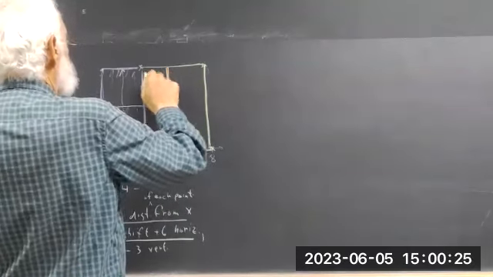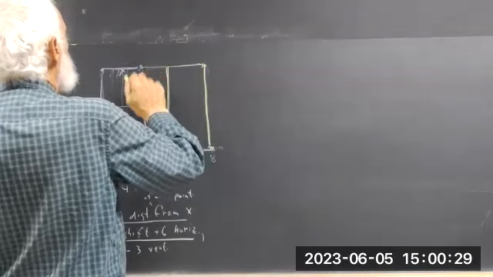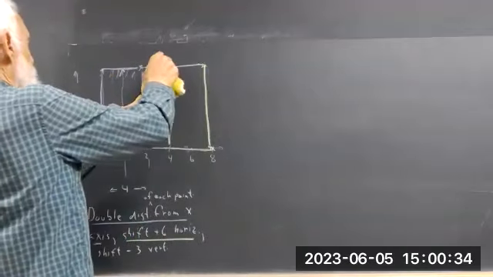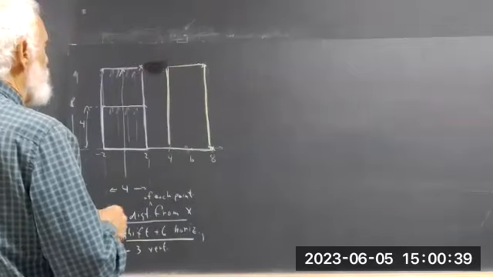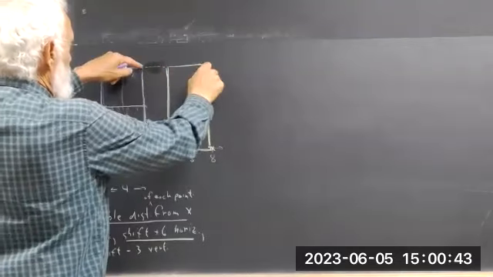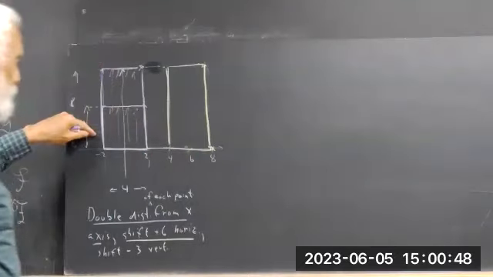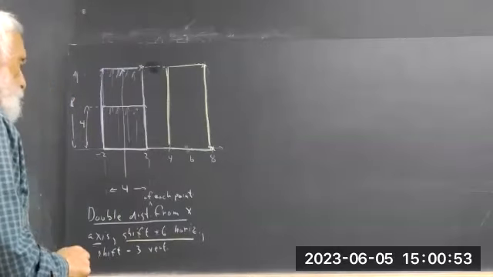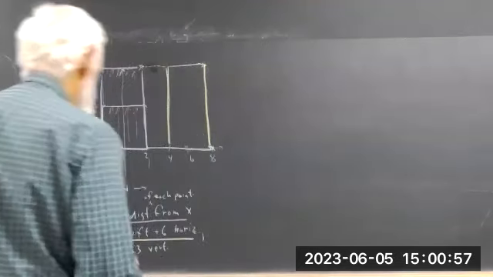Let me make this a dotted line. Here's line 6. Anyway, here it is. So here's our original rectangle. I didn't get the shape quite right. There it is.